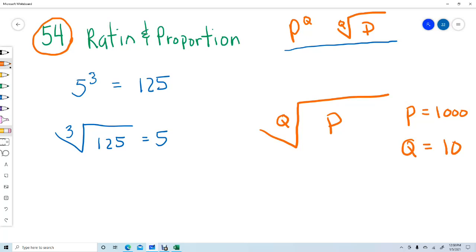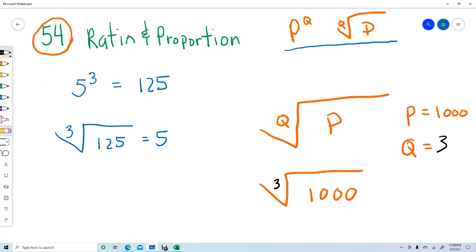So just put those in. Let's write it again. The 10th root of 1,000. Did I say that correctly? I think I meant to put cube root. I'm sorry. I don't think that's an even number, the 10th root of 1,000. Let's make that 3. That's better. They're going to give you easy problems to work out. They're not going to give you something that ends up being a decimal.